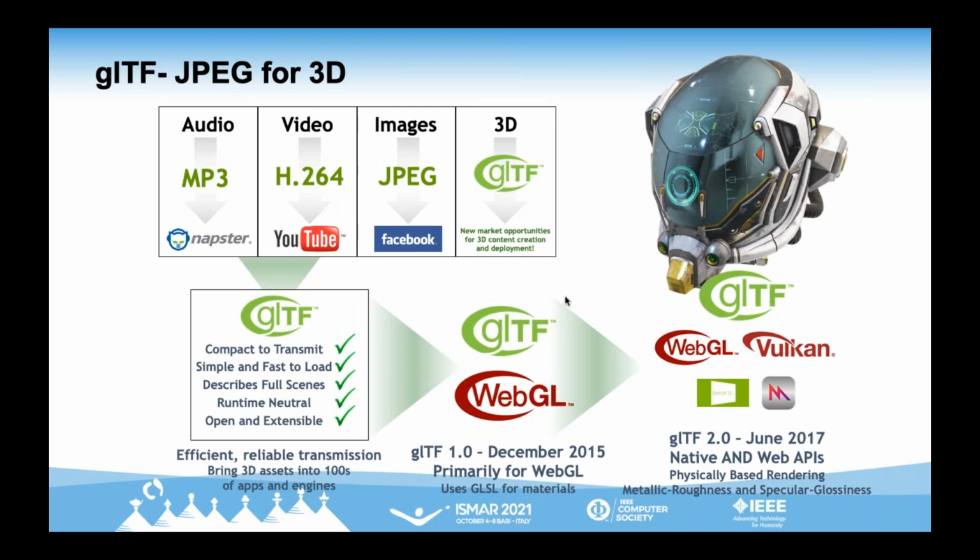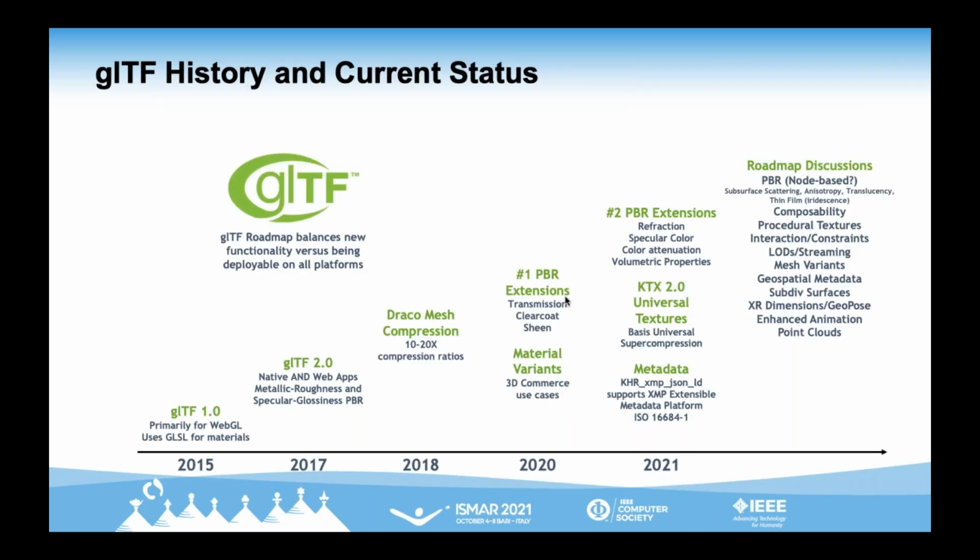Another very important and mature Khronos Group specification is glTF. glTF is to 3D assets what JPEG is to images. You've probably heard about glTF. It's been available for 6 years, since 2015, and it's been coming along quite a lot, and it's very widely used for content transmission.